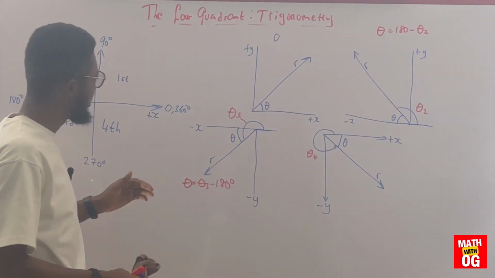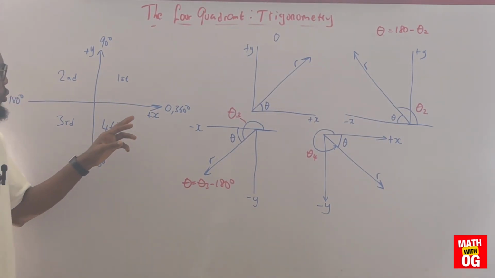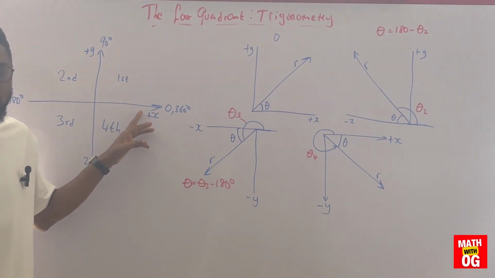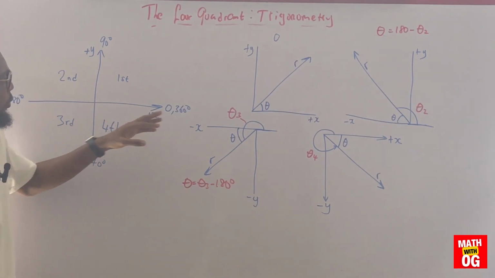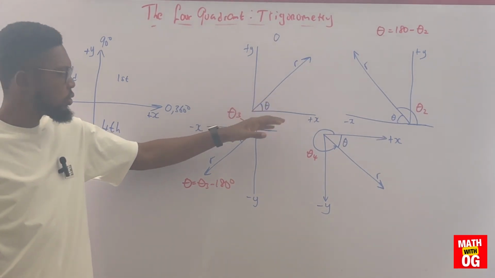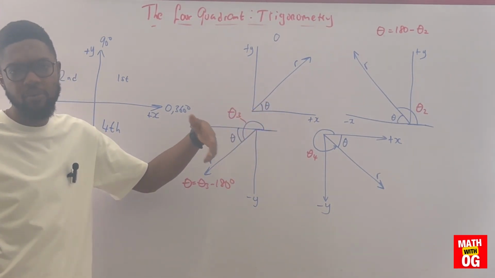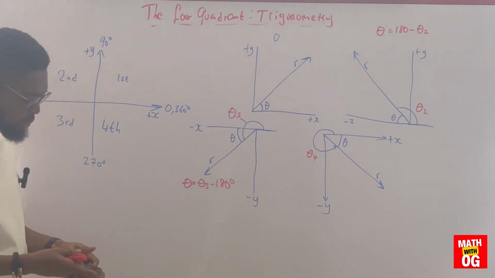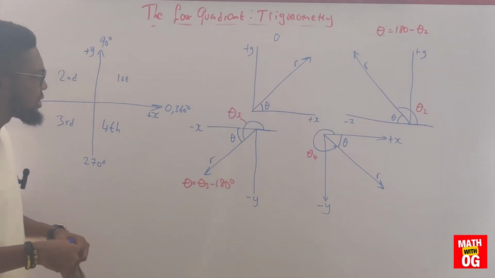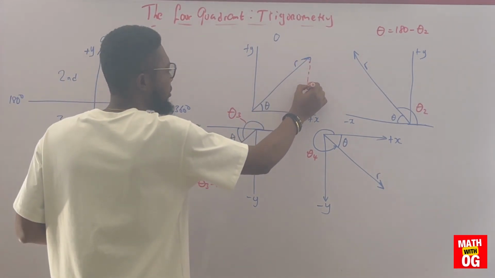First quadrant. Now, when we are talking about angles from 0 to 360 degrees, we start from the positive x-axis. So any angle from 0 to 90, we start from here down to 90. So let's assume that we're talking about an angle theta, which can be 40, 45, 30, 60, as the case may be. So if we're talking about this angle theta, then we can bring out a relationship for sine, cos, and tan.